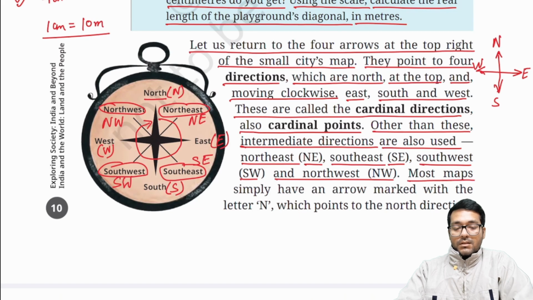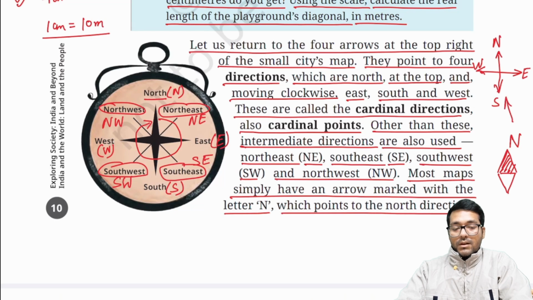Most maps simply have an arrow marked with letter N, which points to the north direction. In most maps, only north direction is given, like this. You can find the other direction by comparing with this one.